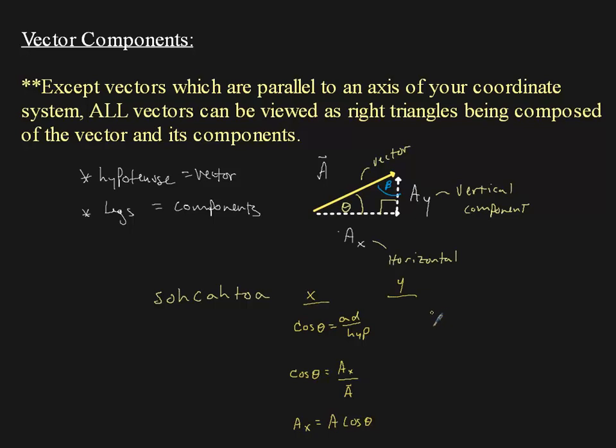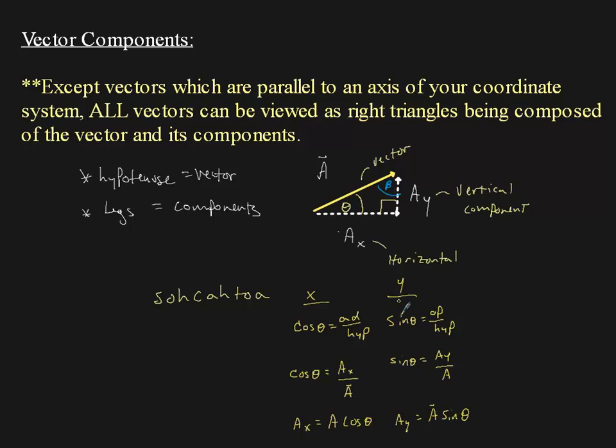Now in the y dimension, it's the same thing. We get sine of theta is equal to the opposite side over the hypotenuse, so sine of theta is equal to AY over A. So AY is equal to A sine of theta.